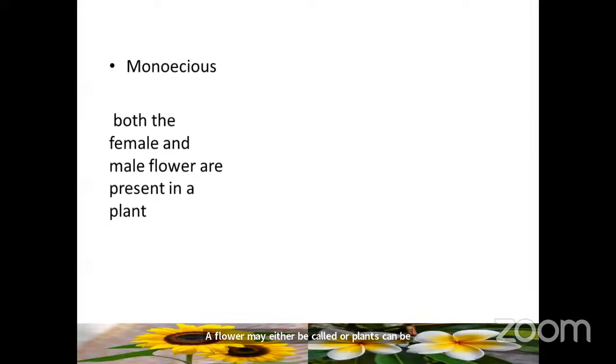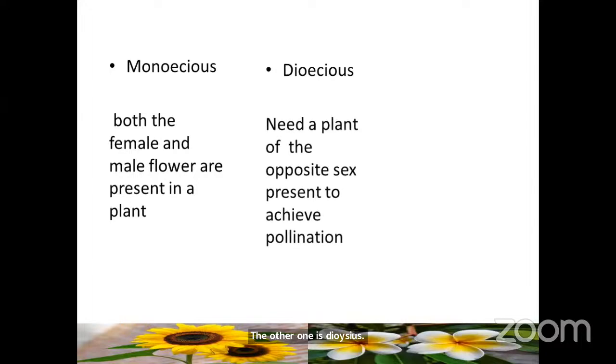From the word mono, it means both the male and the female flower are present in a plant. Monoecious. The other one is dioecious. From the word di, it means two. So dioecious plants most probably need a plant of the opposite sex present to achieve pollination.